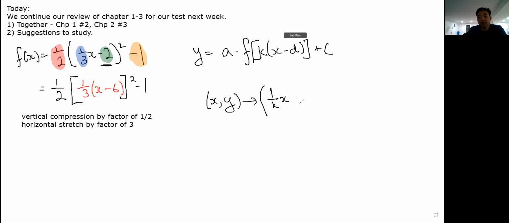That's how it changes. If I put AKDC all together, remember, I'm not sure if I shared this with this class, but I do know that I gave you parts of it. The x is multiplied by 1 over k, and then it is shifted to the left or right. The y is multiplied by the vertical factor, and then shifted up or down.